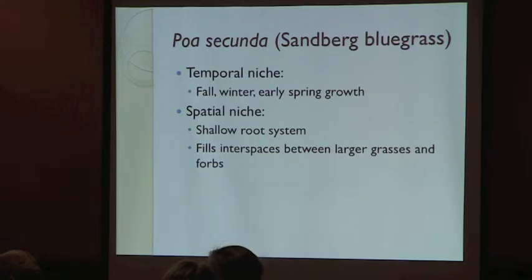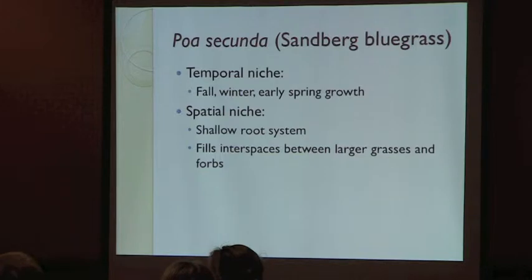It greens up in the fall, can be active in the winter months whenever temperature allows, and is just about the first thing to green up in the spring every year. Very similar to cheatgrass. And it also senesces out almost exactly the same time as cheatgrass.